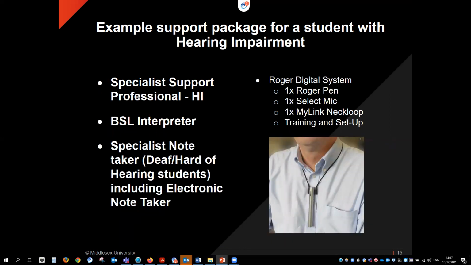For students with hearing impairment, what we can recommend is, again, a specialist support professional for out-of-class support, because students who, for example, use British Sign Language, this is their first language.